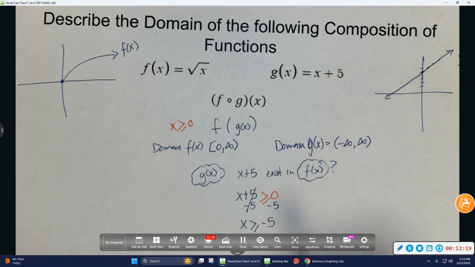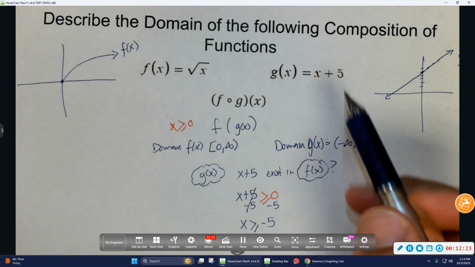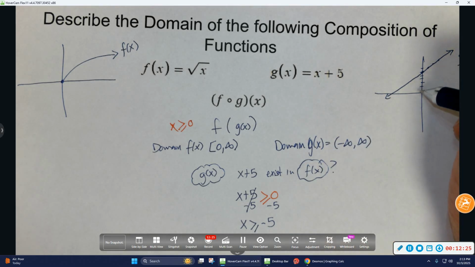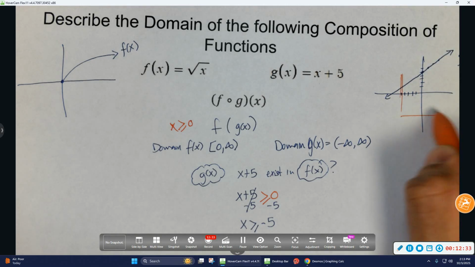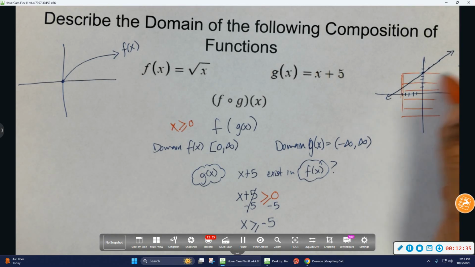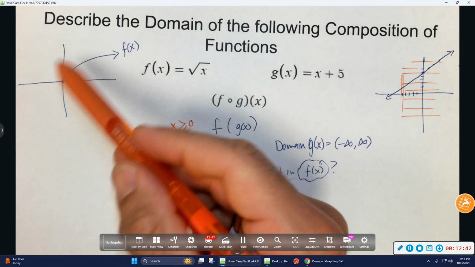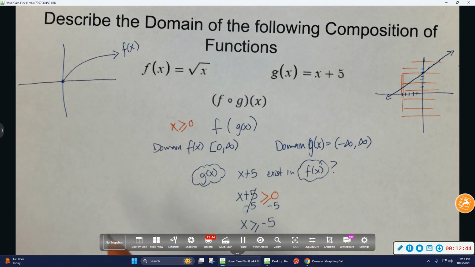So I'm allowed to plug in any value greater than or equal to negative 5 into g, which would put it somewhere over here. 1, 2, 3, 4, 5. Right? Anything greater than negative 5 to the right, I'm going to be able to plug in into the g equation in order for it to work in this equation. So what does that look like? What does that mean?